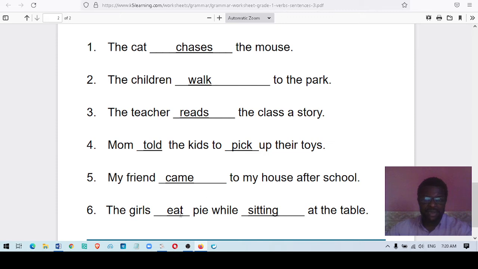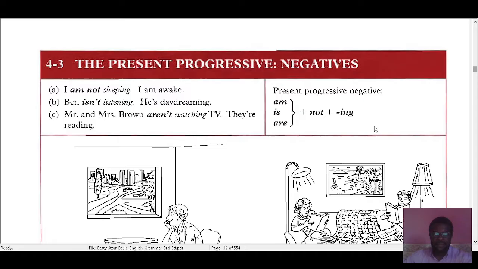See, the girls, there is no s because we have many girls, not one. We'd say the girl eats, but because there are many, if I'm not using the girls, I'm going to use they eat pie while sitting at the table. This is supposed to be for the grade 2 and 3 students.